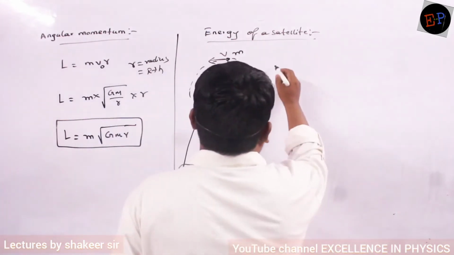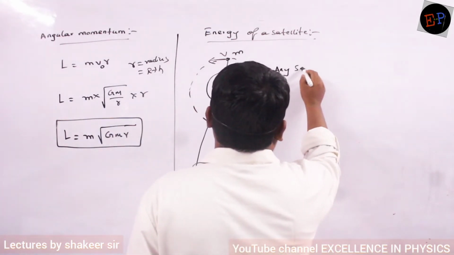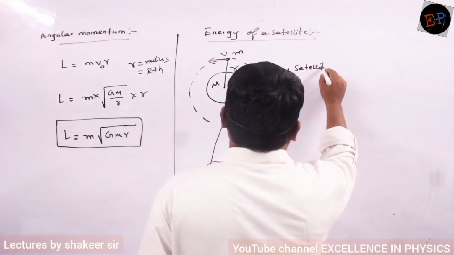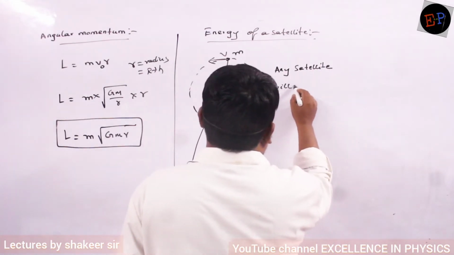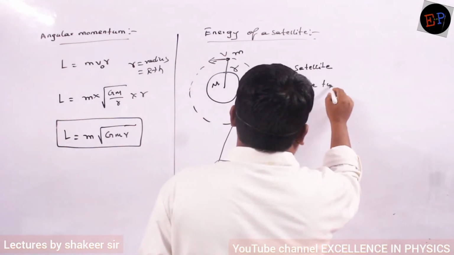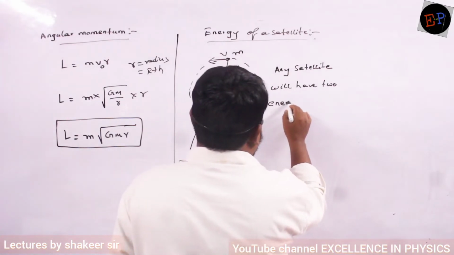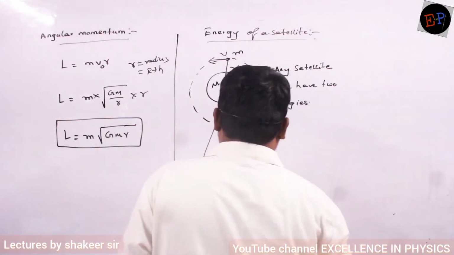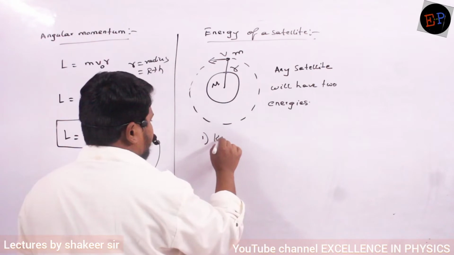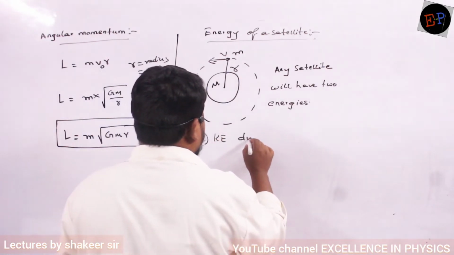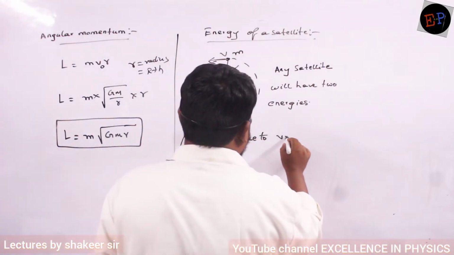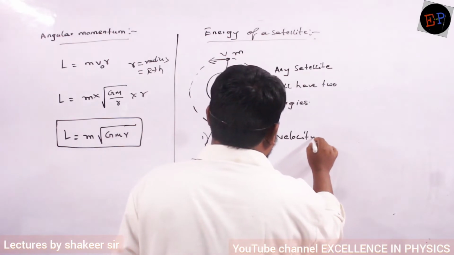So any satellite will have two energies. First one is kinetic energy due to rotation or due to velocity. Which velocity? Orbital velocity.